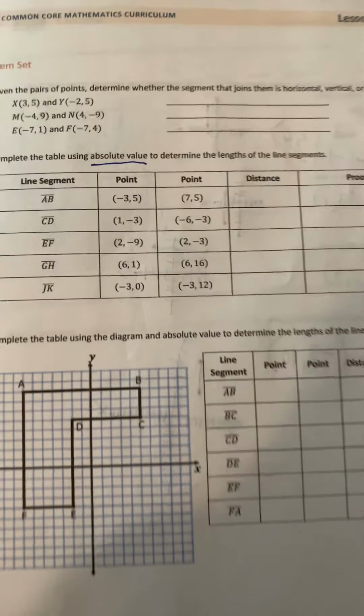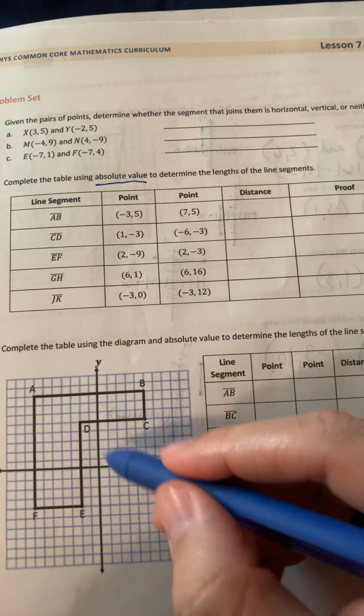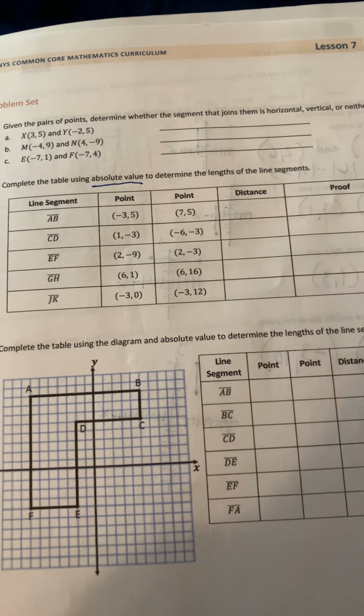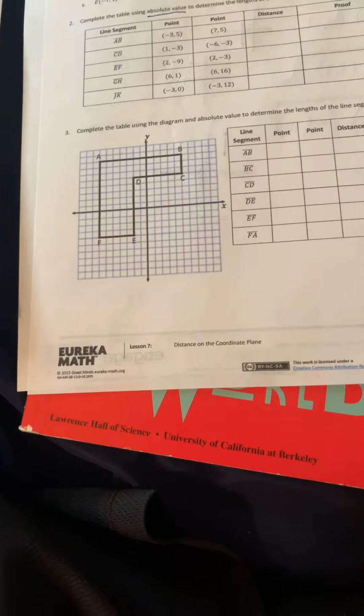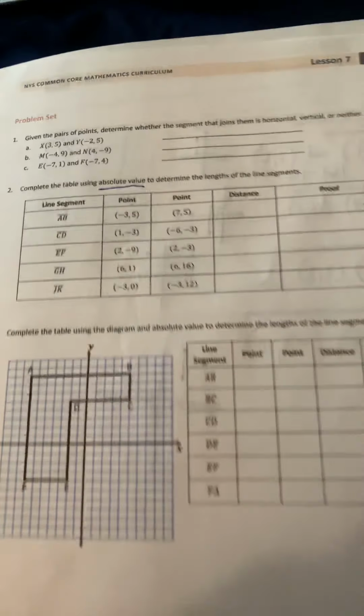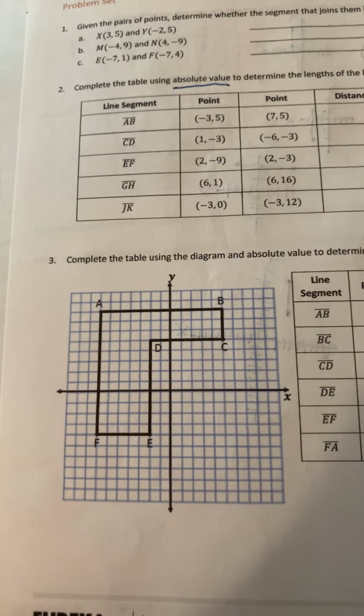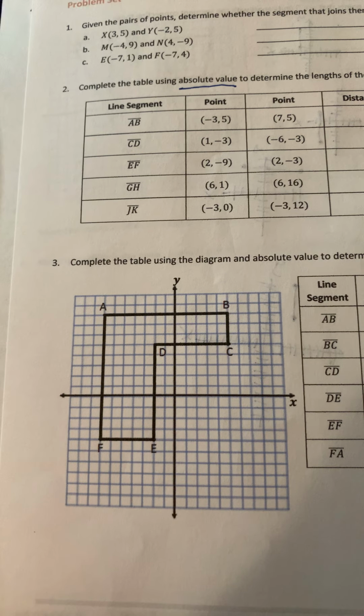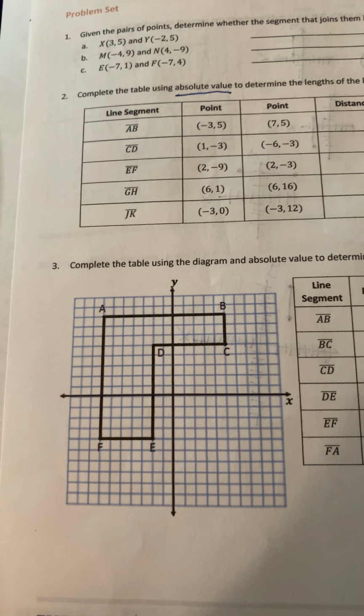If it helps you to plot points, that's cool. There's different spots where you can go online and graph stuff for free. You can go to Google. And give me a second.